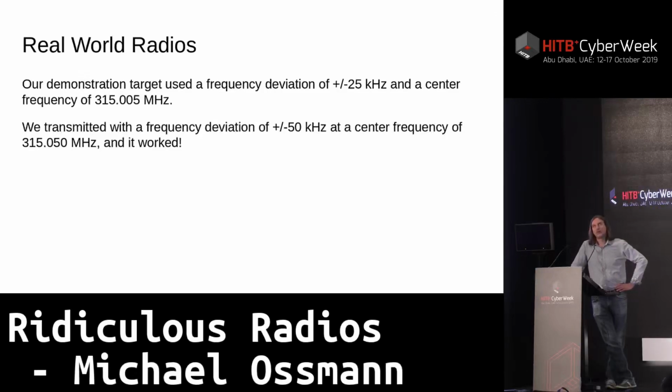Originally we thought we'd be able to do this with one PLL, and we tried to do that and ran into some problems. So then we tried doing it with two PLLs, and one of the PLLs we had was much less flexible in its tuning range. So we didn't have very many frequencies to choose from. So we just got somewhere near the frequency and the frequency deviation of the target device, and it worked.